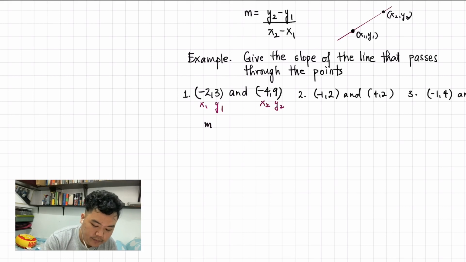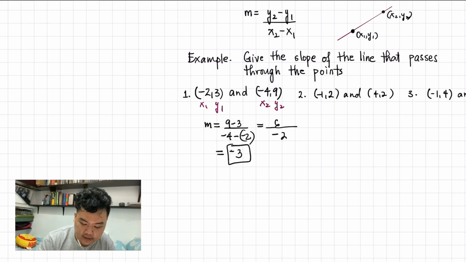According to our formula, the slope is y2 minus y1, 9 minus 3, divided by x2 minus x1, that is negative 4 minus negative 2. 9 minus 3 is 6, divided by negative 4. When you see minus negative, it means plus. So you have negative 4 plus 2, which is negative 2. So the slope is negative 3.